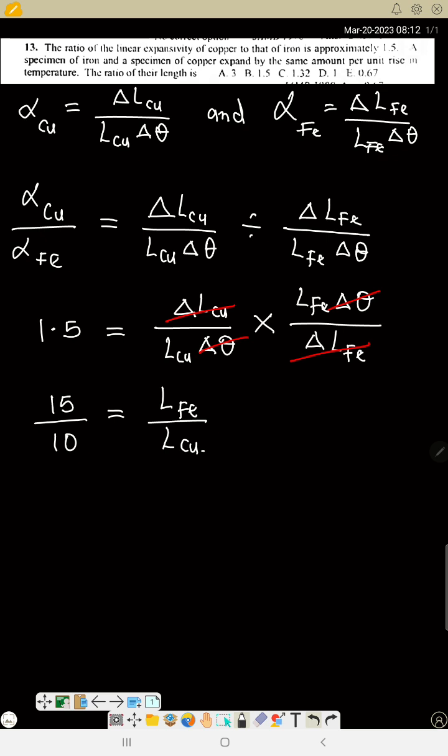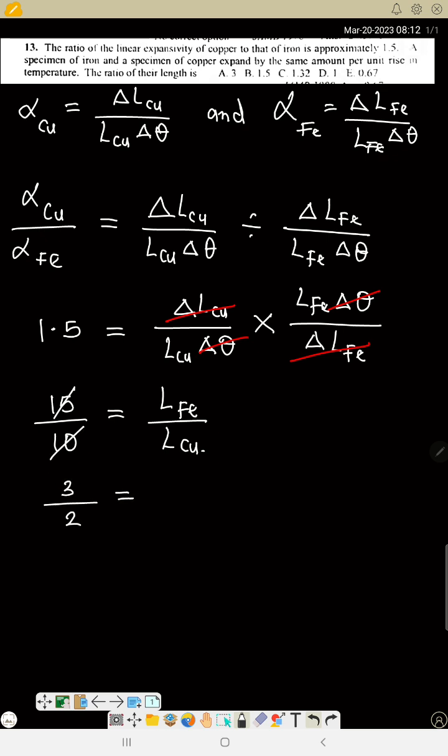So according to the question, the ratio of the linear expansivity of copper to that of iron is approximately 1.5, which is copper to iron. So the ratio is copper to iron, and the length here is iron to copper, so I have to change the length to copper and iron. So since this is for copper, this is for iron, we can also reduce this, like 5 here 3, 5 here 2.